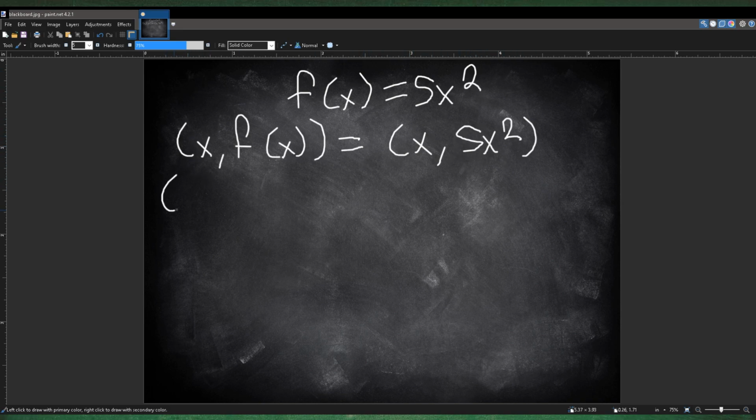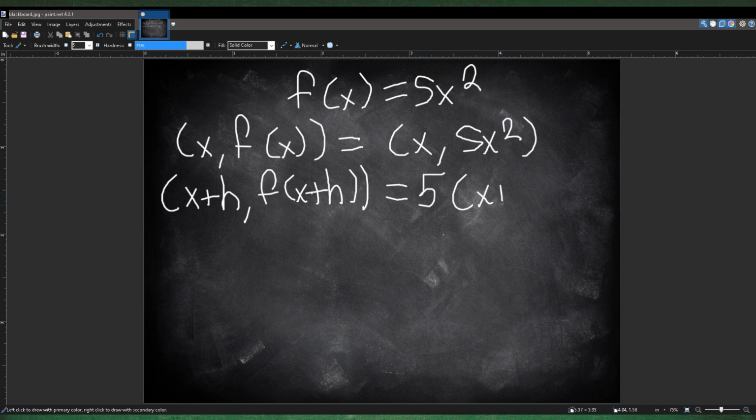Now let's use x plus h and f of x plus h. If you plug x plus h into the function, that would be 5 times x plus h squared. So this coordinate would be, let's write this over here, x plus h as our x coordinate.